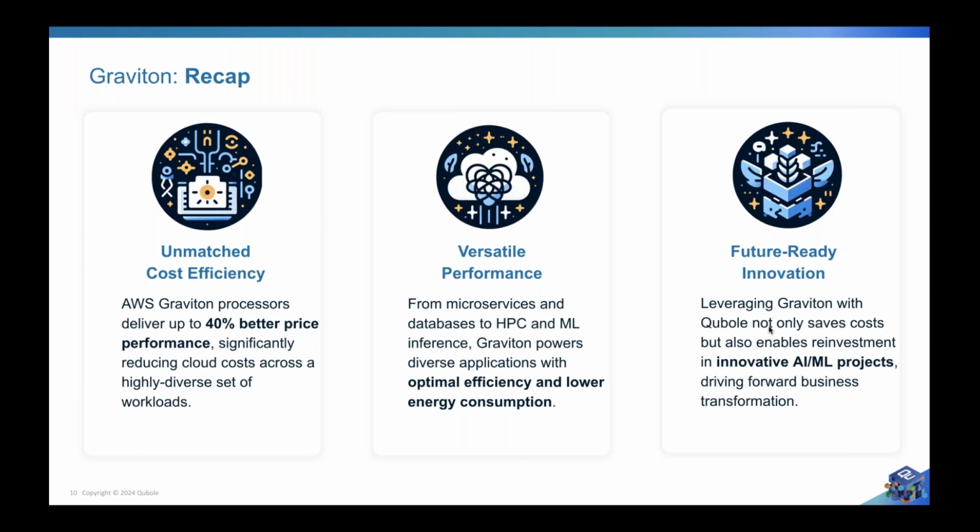And future ready innovation, we have spoken about this again and again, that this is one of the important things nowadays, where you can save the cost using all the other features of Qbol, the cost explorer, the workload aware auto scaling, the spot instances usage, and along with that, Graviton is a new addition to saving your overall efficiency and cost, which will help you spend that money on your innovation, which would be the AI/ML projects.